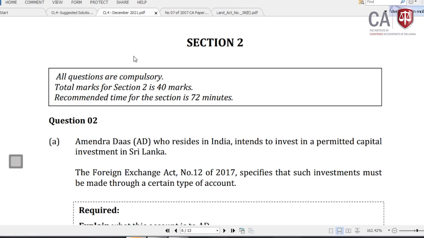There are 4 questions, and here you can see all questions are compulsory. Total marks for section 2 is 40 marks, and the recommended time for the section is 72 minutes. That is extremely important because you have to answer your questions within the time period that you have been allocated.